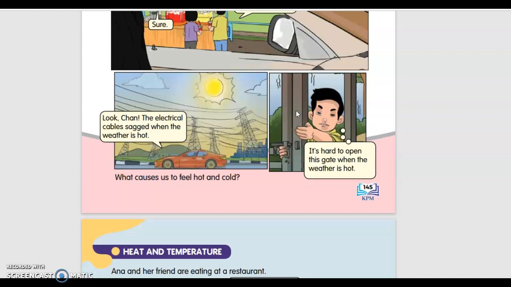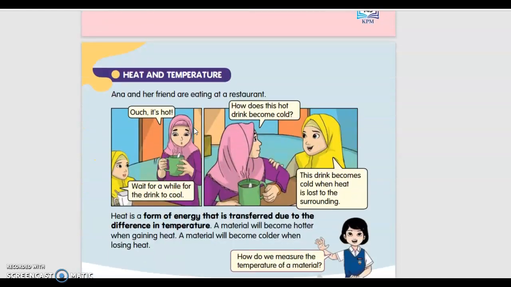It will expand and shrink. When the weather is hot, it expands, so it's difficult to move. When it shrinks, it becomes loose. That's the basic idea. I just want to give a basic idea. Metal can expand and shrink, but anyhow, we will go to the next one and see what they are saying.